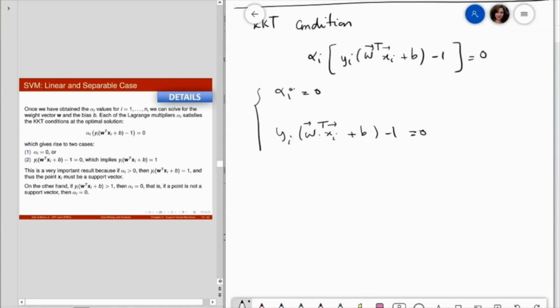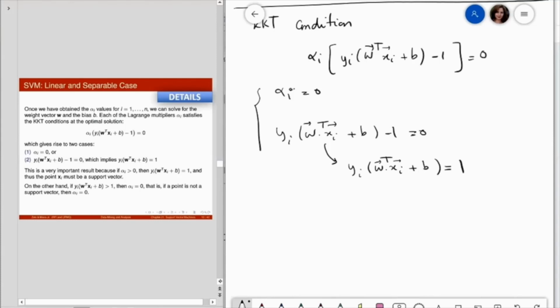So let's look at the lower one. If I have yi (w transpose xi plus b) minus 1 equal to 0, it is equivalent to having yi (w transpose xi plus b) equal to 1. I have seen this somewhere else. Where did I see that? I saw this as the equation for the margins, right?